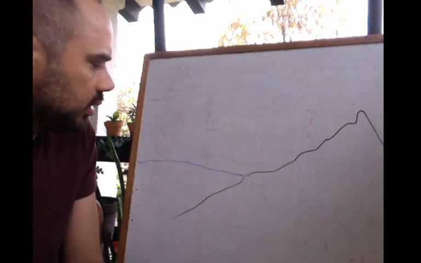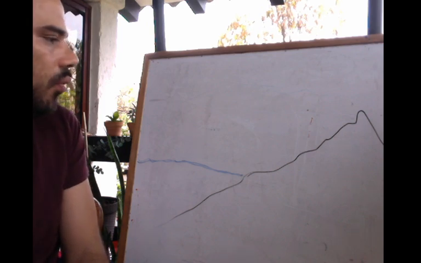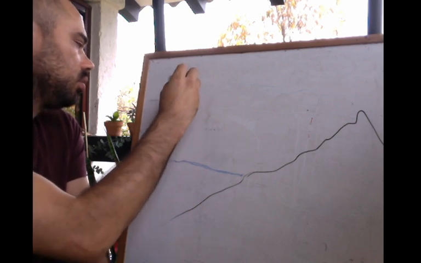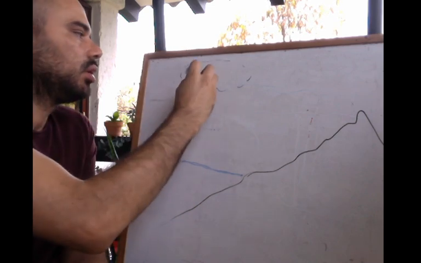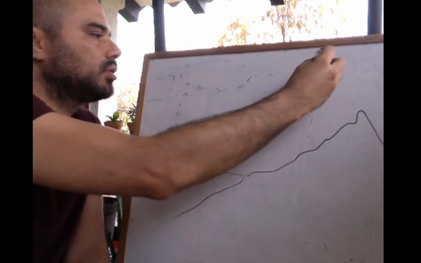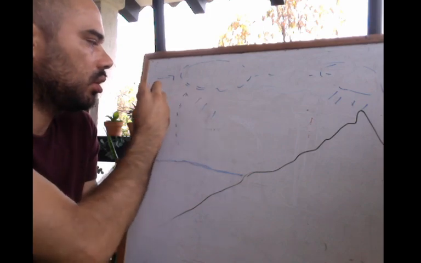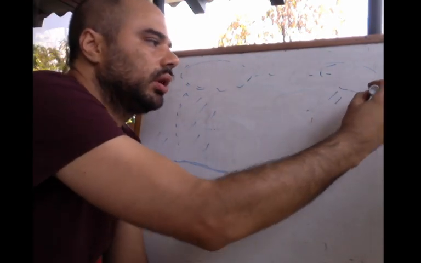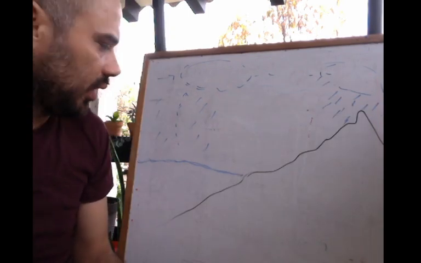So if we have the ocean over here, we need to remember that there is a water cycle. That water evaporates, then condenses. Winds may move the clouds, and the clouds may rain over the water. No problem there, raining over the water. But it becomes more interesting when it rains over the land.